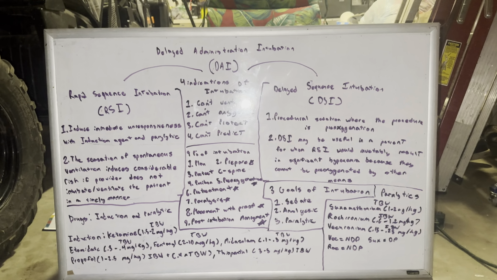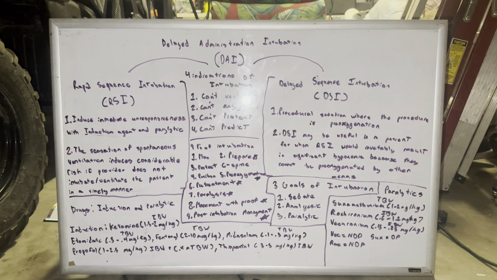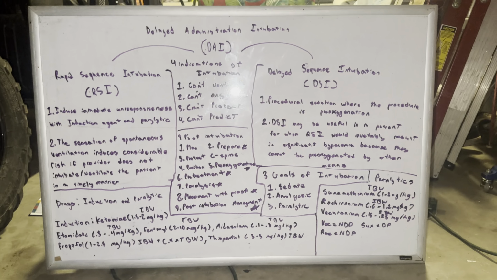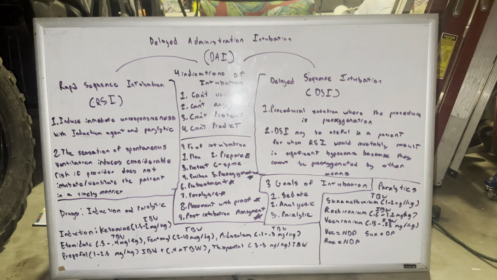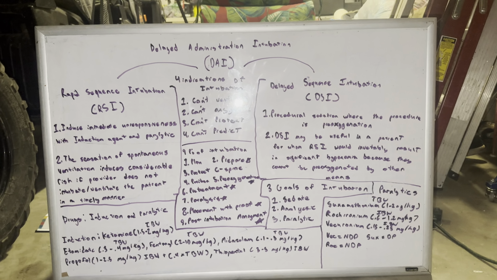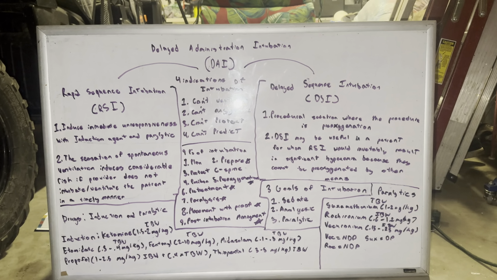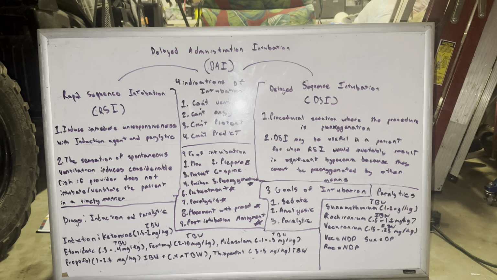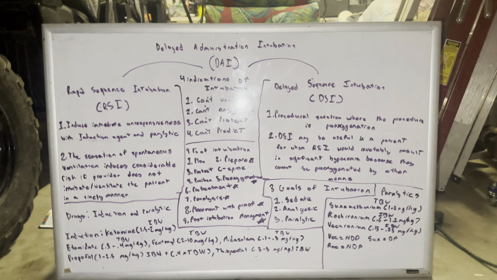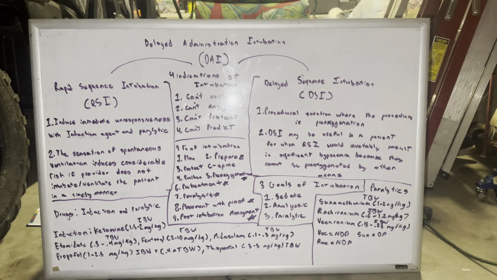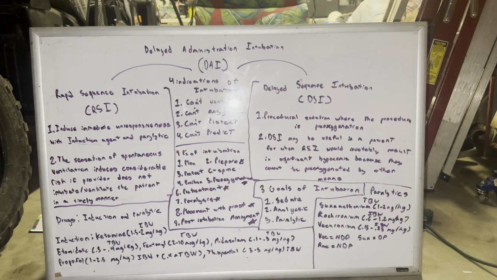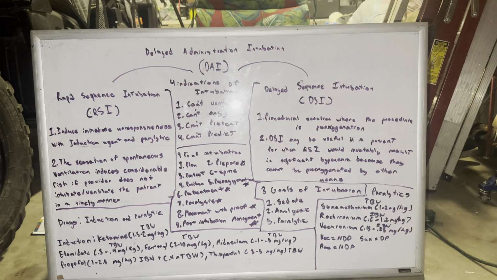There are 4 indications of intubation. The first indication is the patient can't ventilate. This means they cannot bring air into their lungs and start gas exchange, which leads us to the second indication of intubation, which is they can't oxygenate. Not being able to oxygenate doesn't allow the capillaries to exchange oxygen and carbon dioxide to the tissues, leading to cellular death.